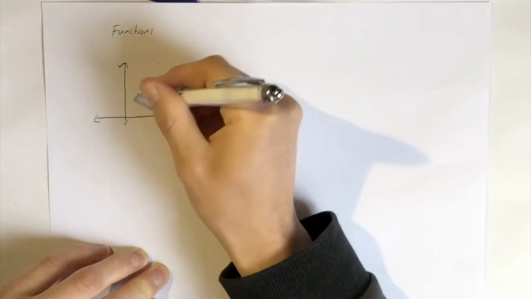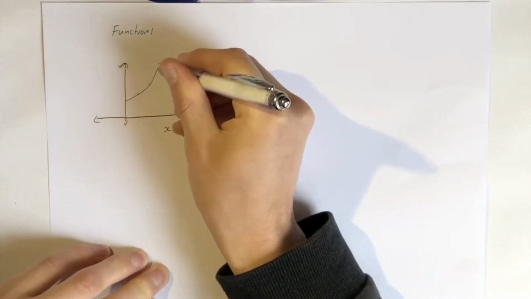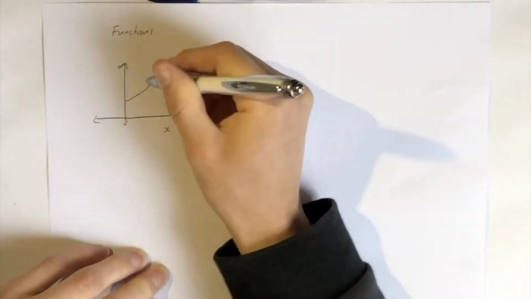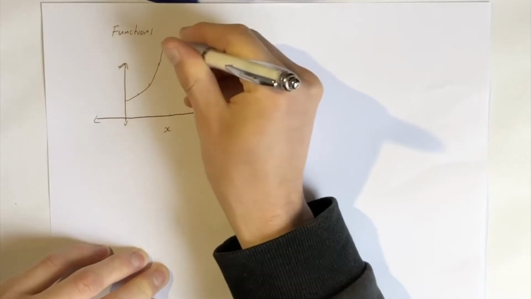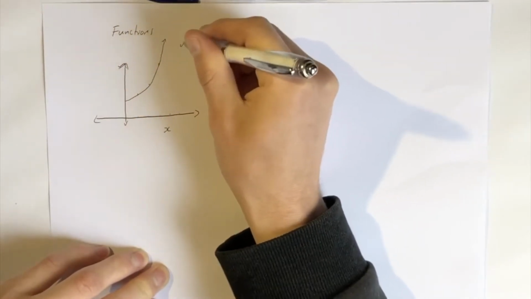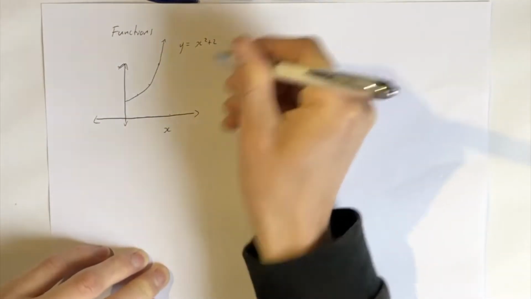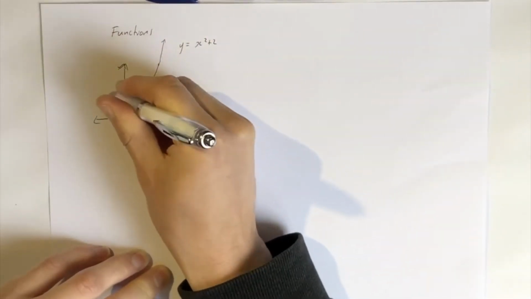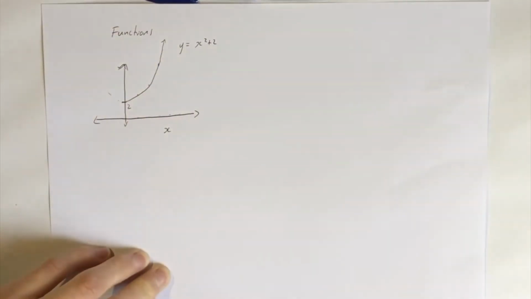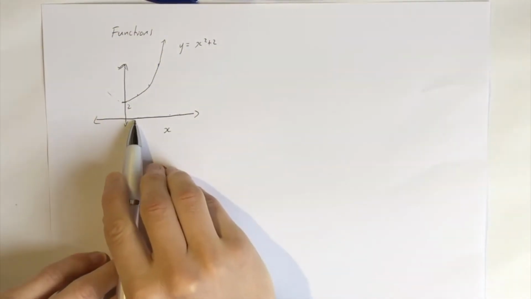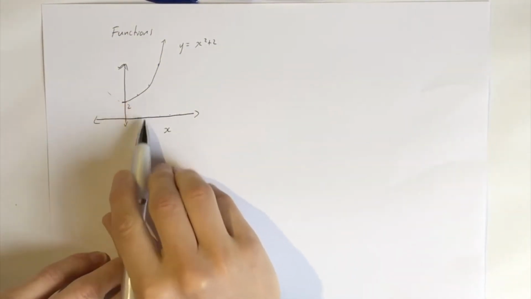So I might take all those points and then you'll get a map. So this might be the function y equals x squared plus 2, if that's been moved up too. So it's taking all these points here and it's giving us some output.